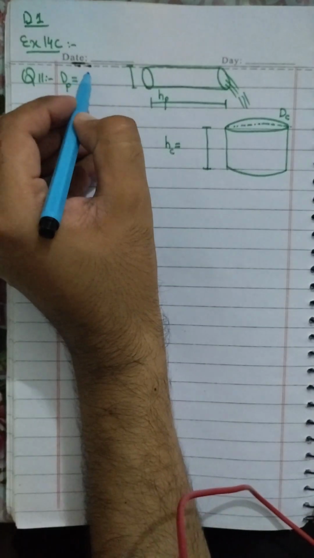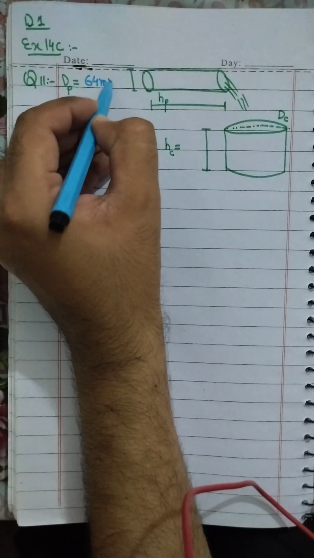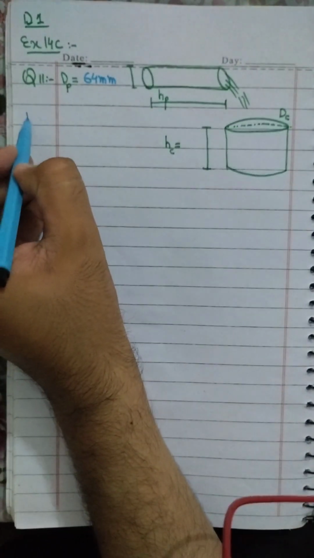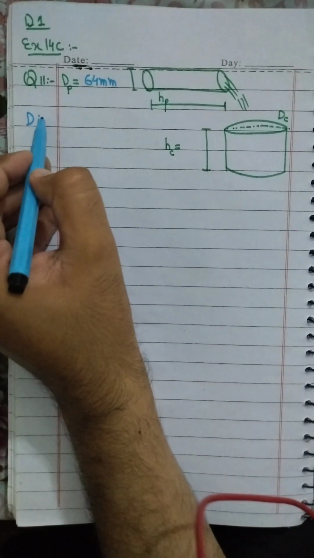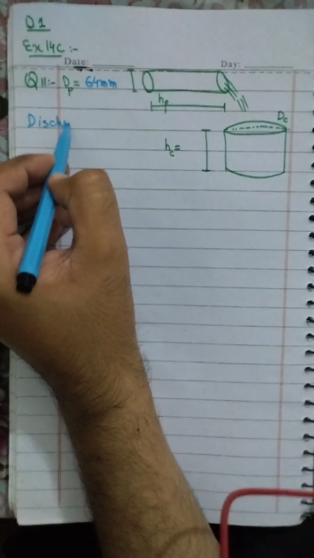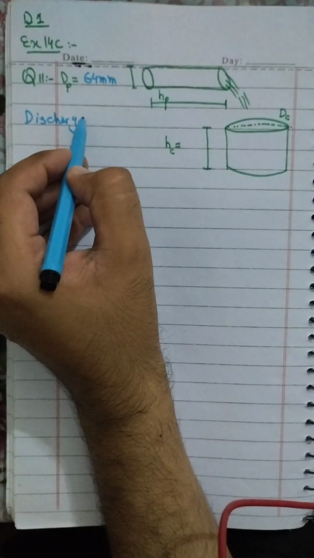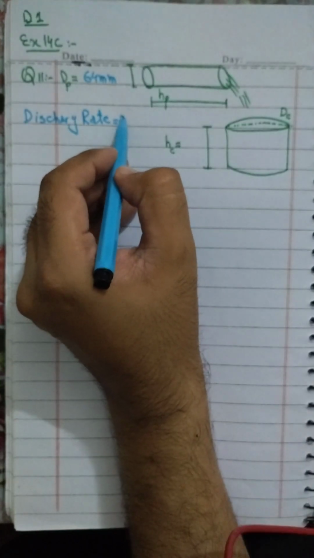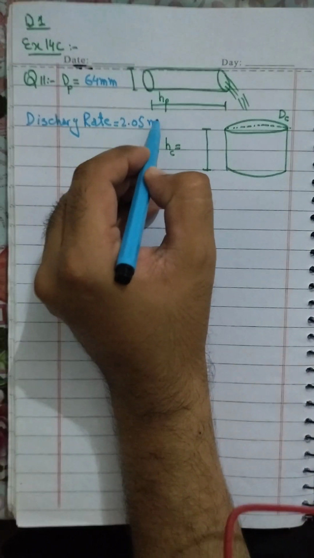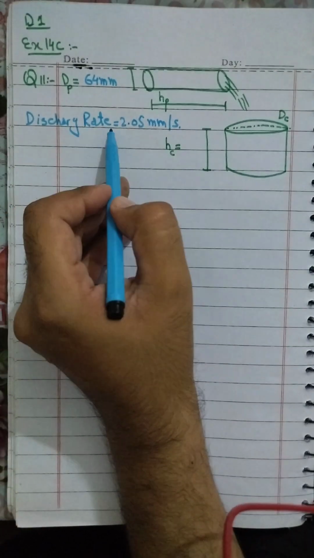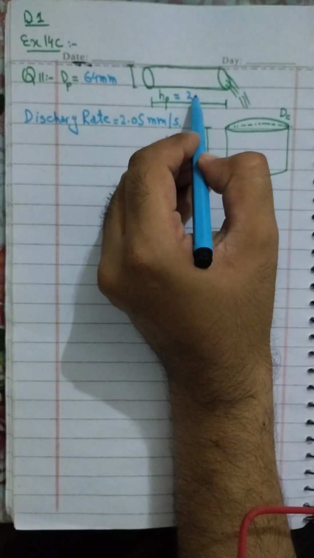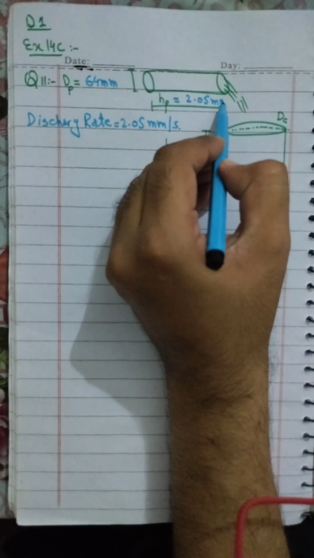Got it? He said its diameter is 64 mm, while he said discharge rate is 2.05 mm per second. It means the length of this pipe is 2.05 mm.